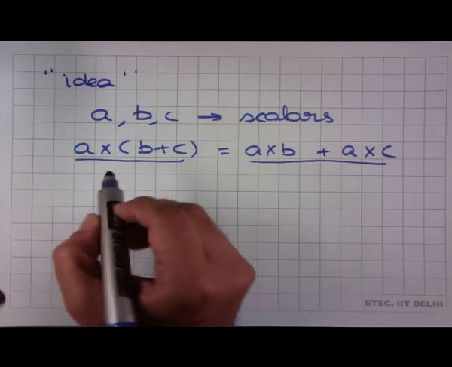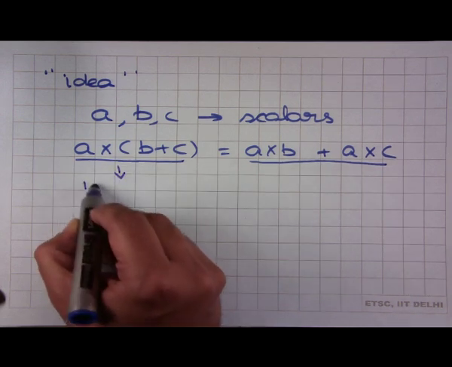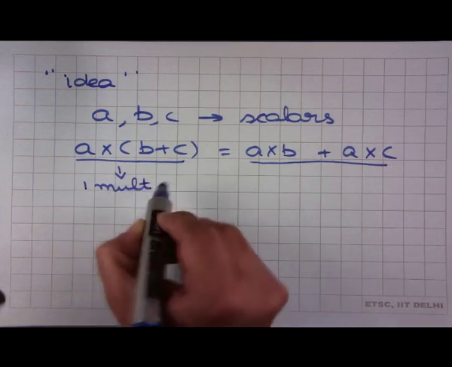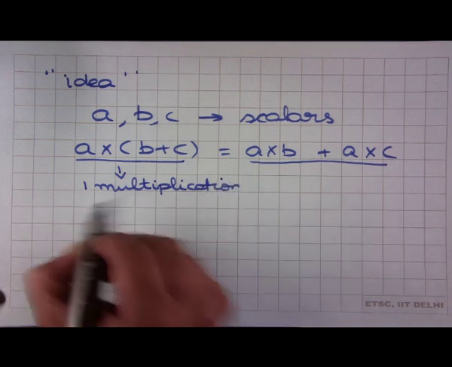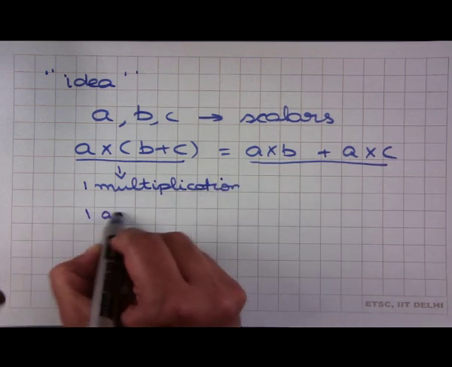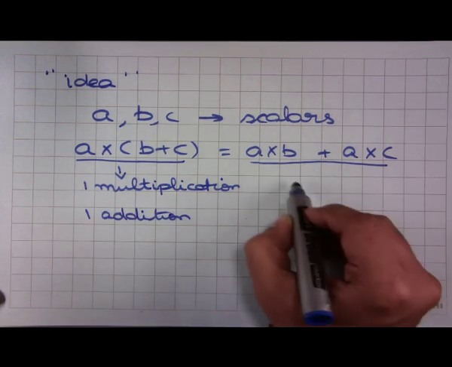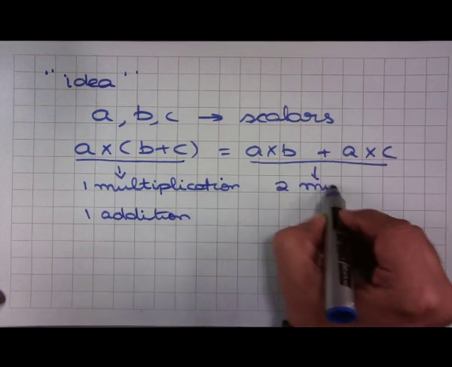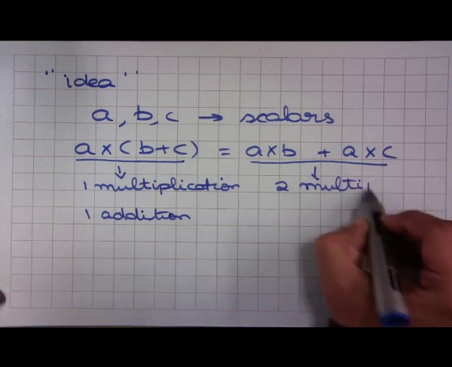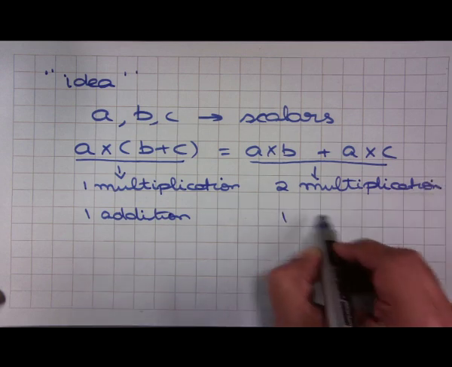If we compute the first way, we have one multiplication and one addition, whereas on this side we have two multiplications and one addition.